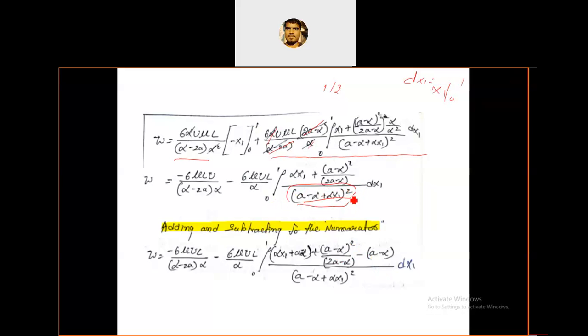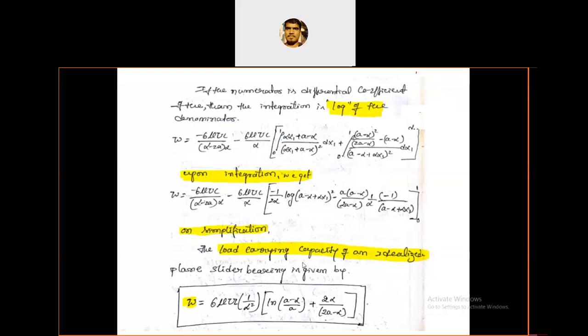Here I am going to add one more term, that is a minus alpha. I am going to add plus as well as minus, for these two terms I am going to reduce. So w is equal to the same thing, and here the reduced form.